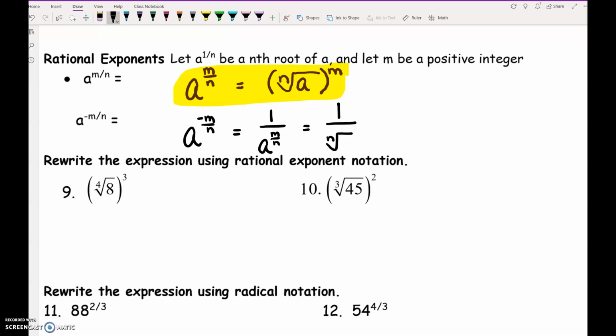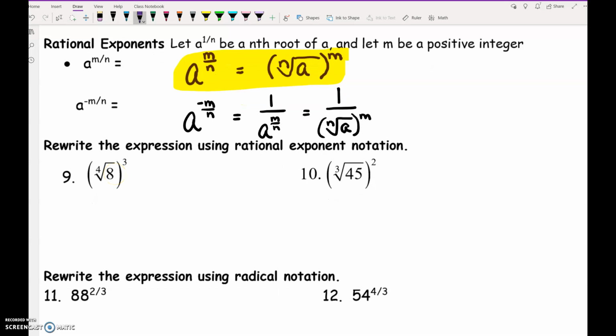It's the nth root of a raised to the m, but it's on the bottom of the fraction because the original exponent was negative. The fourth root of 8 raised to the third. The index 4 needs to be on the bottom of the fraction exponent. The 3 would then be on top. It's 8 raised to the 3/4.